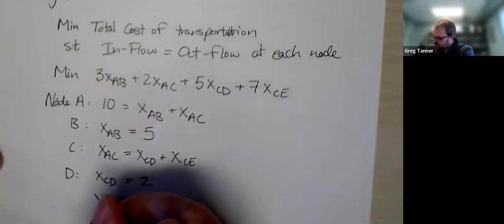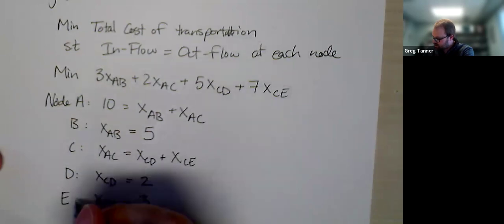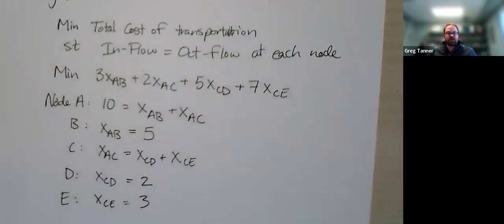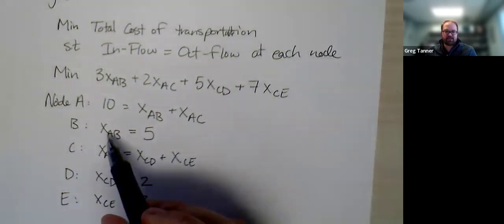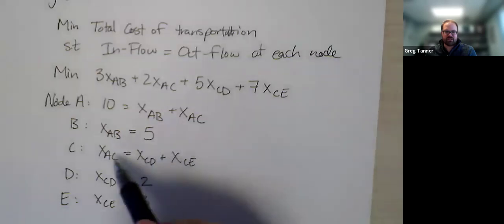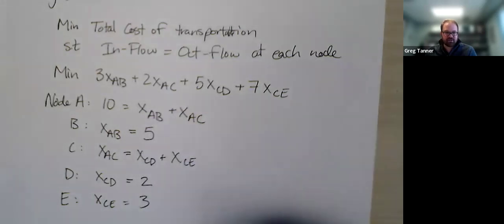And then XCE equals 3, in that XCE comes in, and we've got a demand of 3 at node E. So we get 1 constraint for each of those nodes. We see right away that XCD is 2, XCE is 3, XAB is 5, and once I know these are 2 and 3, then I know that XAC is 5, and plugging them into this one, it turns out that we satisfy everything. So there wasn't really any optimization going on, just solving for the missing values.